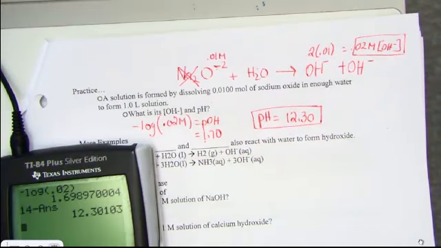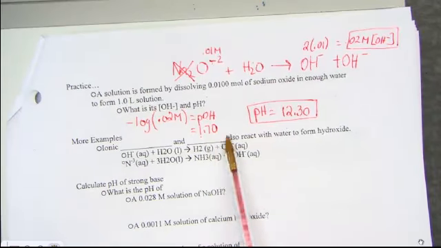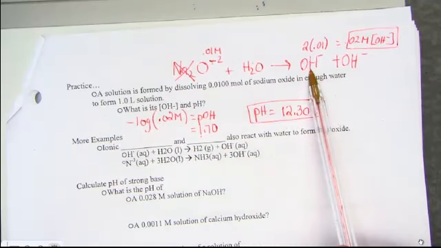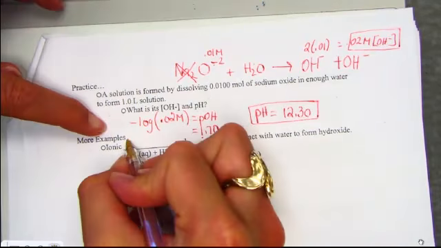We negative logged and found pOH. Flipped it to pH with 14 minus. Okay. So with this example, oxide, just a little trick, remember to make it twice the value for concentration before you pH it.